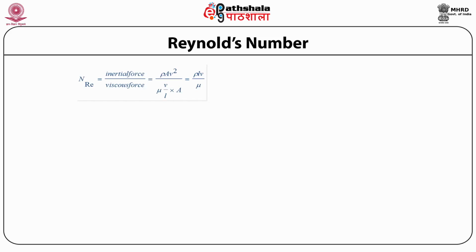The gradient is dv by dy per unit area. So, the expression of Reynolds number will be rho Lv divided by mu. In case of pipe flow, the characteristic length is replaced by the diameter. So, it is represented as rho dv by mu.